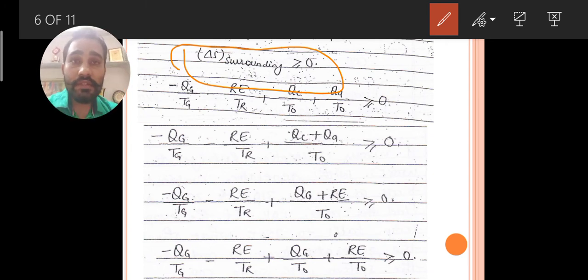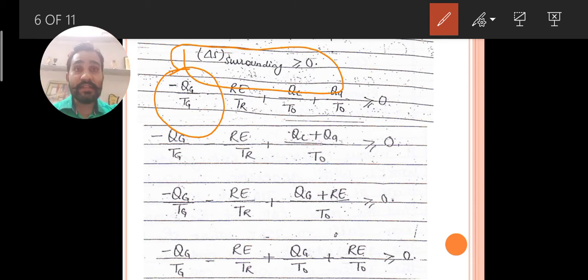Now let us see what the delta S is here. The first term is from the generator side. If you are going to find the change in entropy of the universe, then you have to take the universe as a system. So think you are the universe, and the vapor absorption refrigeration system is outside. Then how much heat is leaving through your body? The first one is Qg. Qg is leaving the universe and entering the vapor absorption refrigeration system.